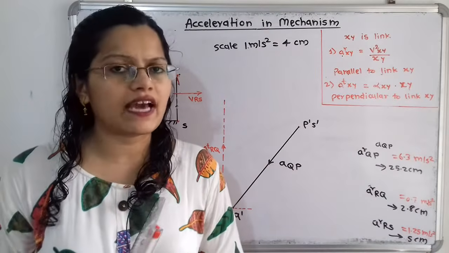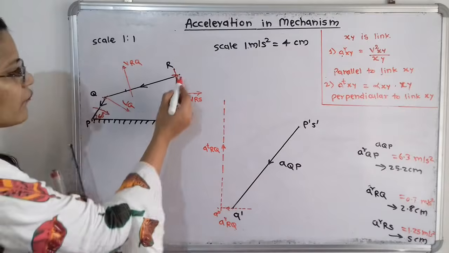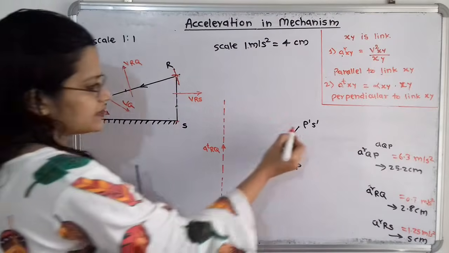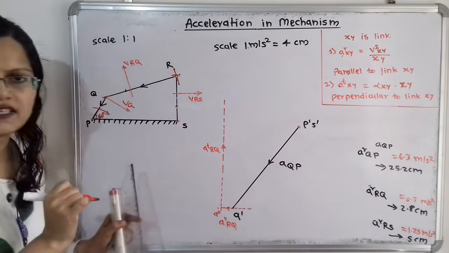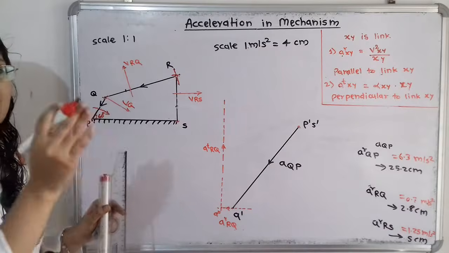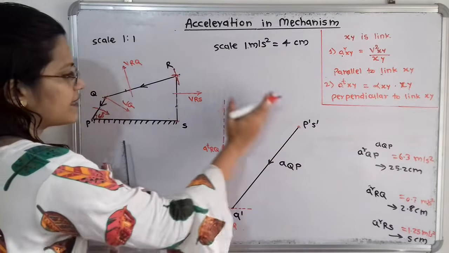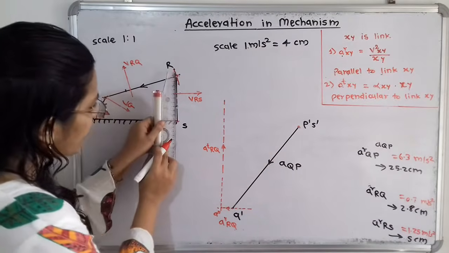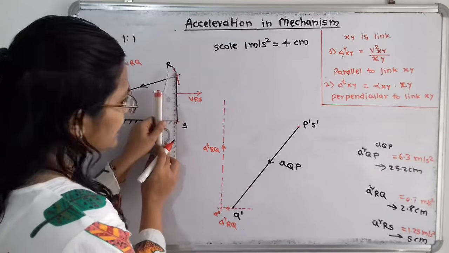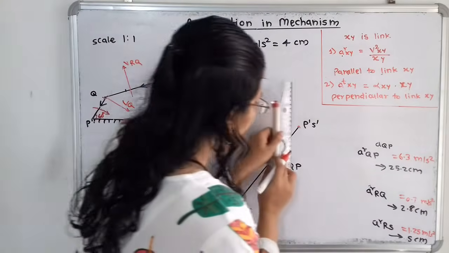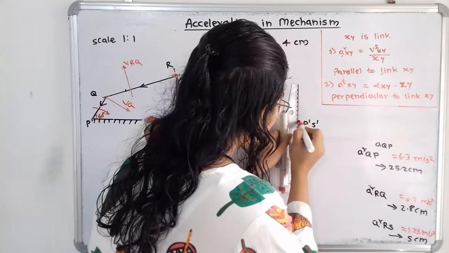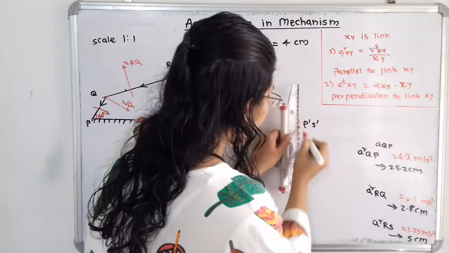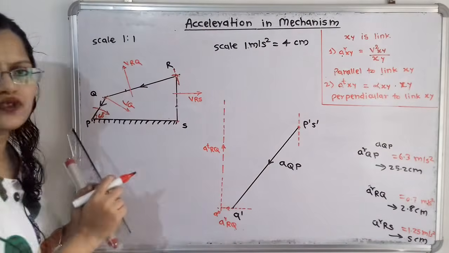Now what about the direction? We know that point S dash is present between R and S. So I have to take the line parallel to this RS, passing through point S dash. I will currently take this radial component on both sides of S dash.